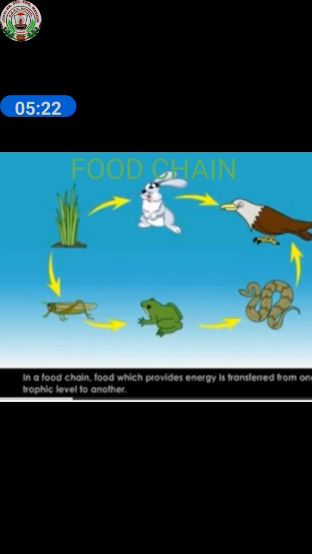Now here you see the picture: the plant is eaten by a grasshopper, the grasshopper is eaten by a frog, then a snake eats the frog and a crow eats the snake. So this chain is going on. So plants, grasshopper, frog, snake and crow. So plants are directly or indirectly eaten by the frog, snake and crow.